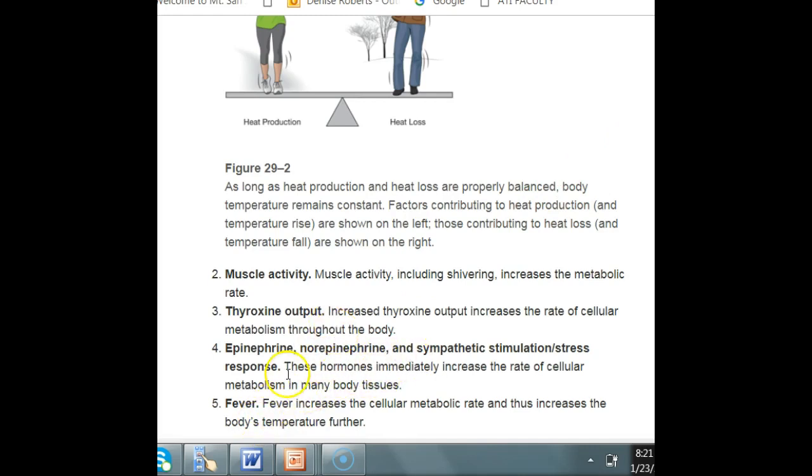Look at the bold and look at what it's speaking of. With these hormones, here on number 4, these hormones immediately increase the rate of cellular metabolism in the body. What about fever? Of course, fever increases cellular metabolic rate, and thus, what does it do? Increases the body's temperature even more.